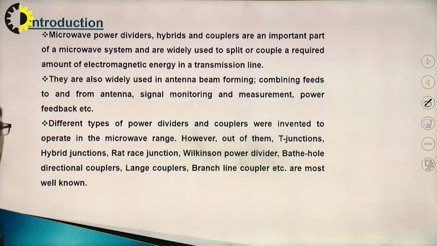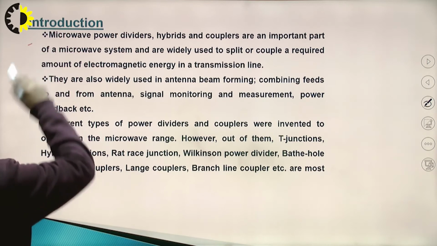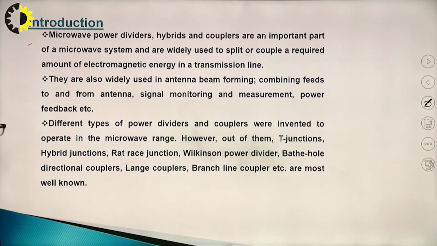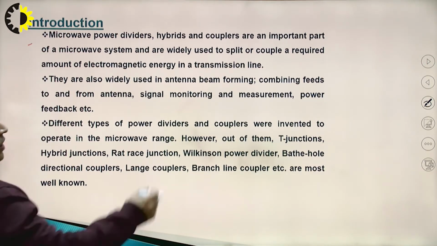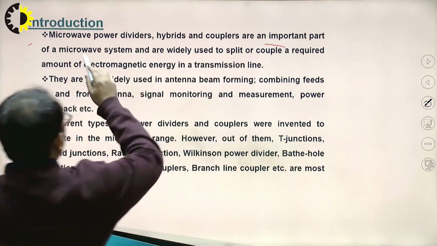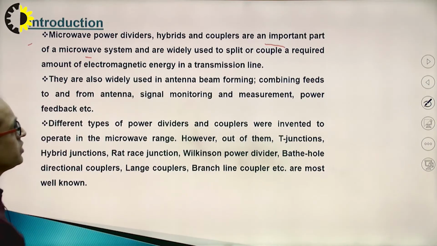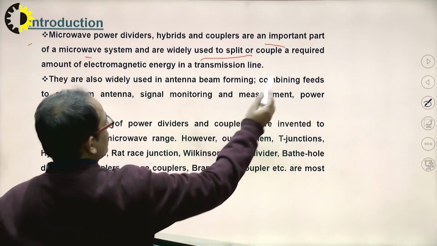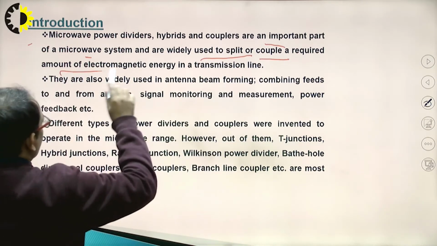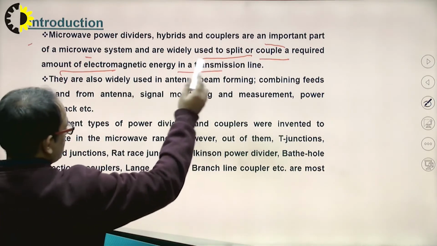Clear? So, the introduction: microwave power dividers, hybrids and couplers are an important part of a microwave system. In this we generally separate or couple a required amount of electromagnetic energy in a transmission line.